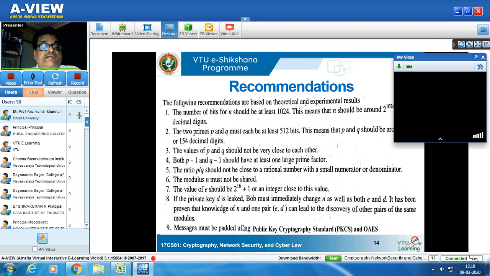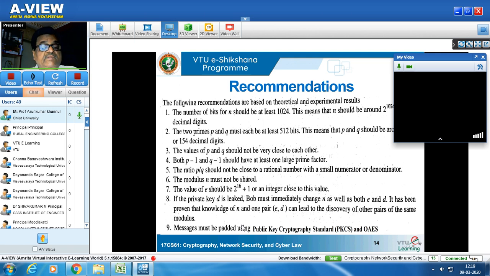Eighth recommendation is if the private key D is leaked, Bob must immediately change N. Bob is the receiver. Alice is a sender. So the receiver must immediately change N as well as both encryption key and decryption key.